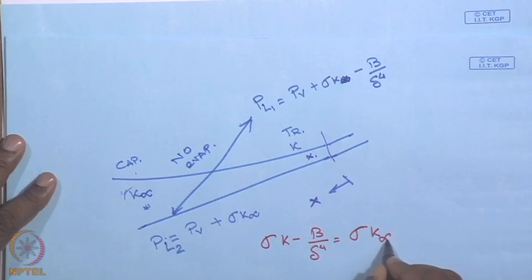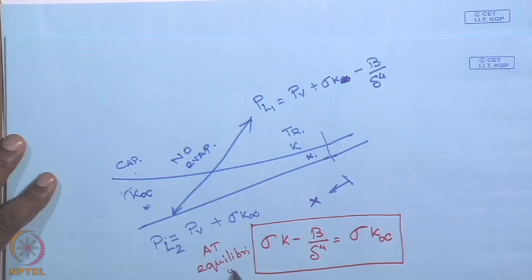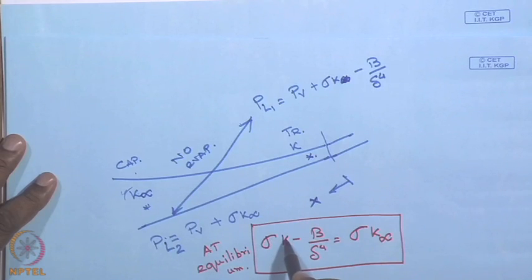If you look at this equation, which is essentially a force balance equation at equilibrium, this is extremely important. At equilibrium, when we do not have any evaporation or flow, then sigma times the local curvature minus b by delta to the power 4, where b is the Hamaker constant and delta is the film thickness, must be equal to sigma k infinity, where k infinity is the constant curvature.